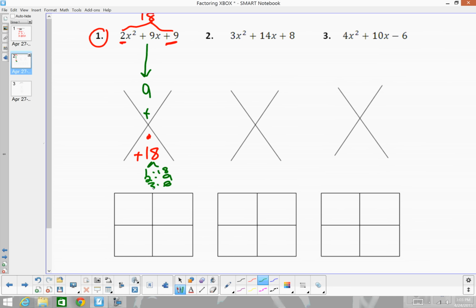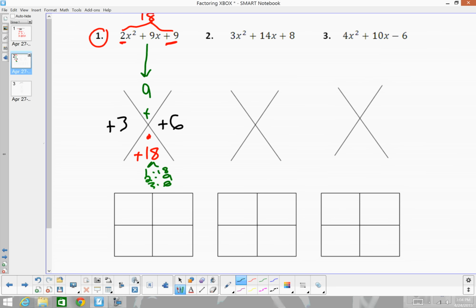Can't do that. 3 plus 6 is 9, right? So it's 3 and 6. That's my winner right there. So I have a 3 and I have a 6. Now how can I get a positive 9? 3 plus 6 is 9, so those have to be positive.